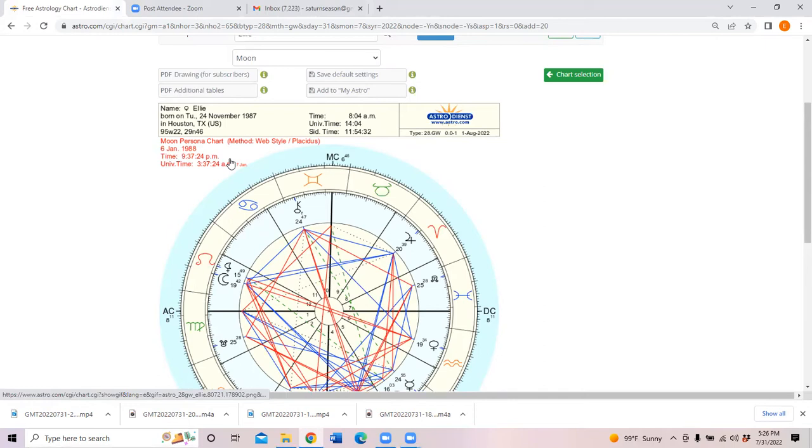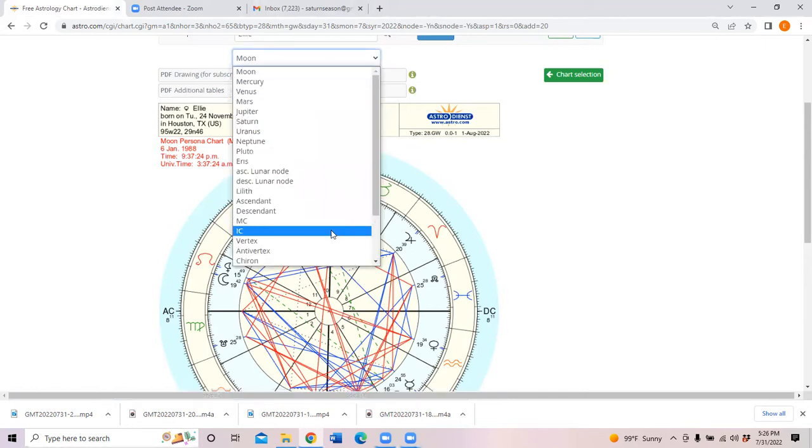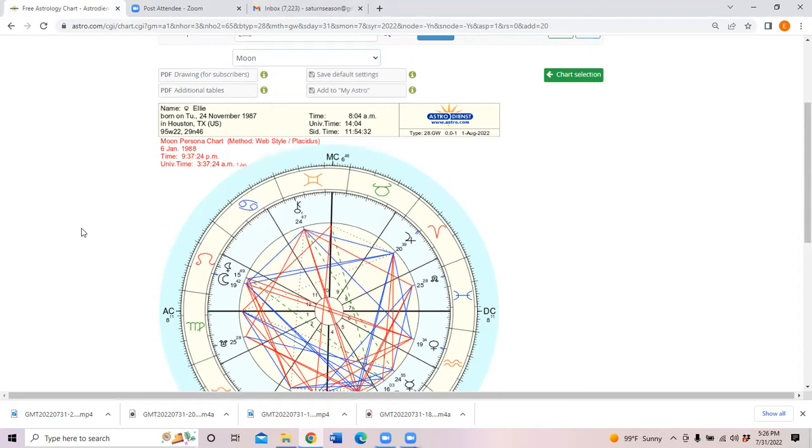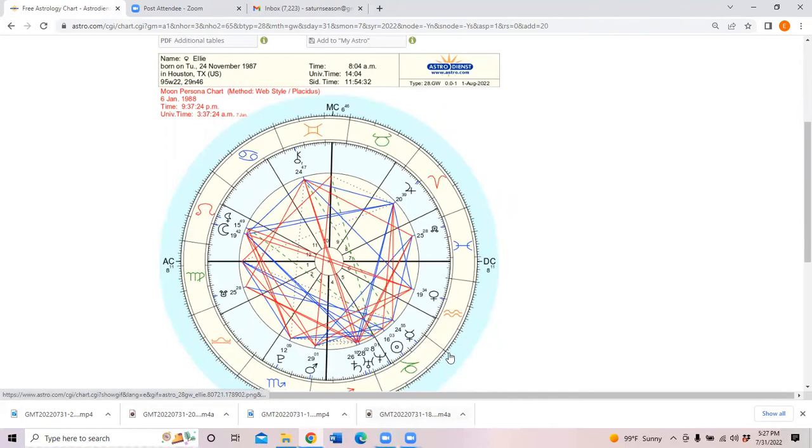So if you're wanting to look at, say, an asteroid that isn't on this list, let's say Hecate in your chart, the persona chart for Hecate, you would look at where Hecate is in your chart and see when the transiting sun throughout your first year of life was conjunct exactly natal Hecate. That date and time is what you would calculate the persona chart for, and you would use your location of birth.